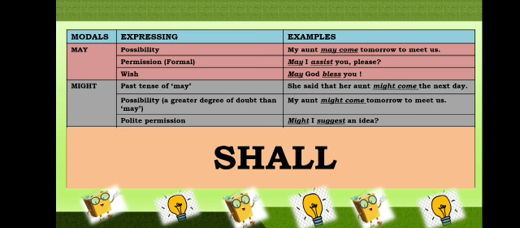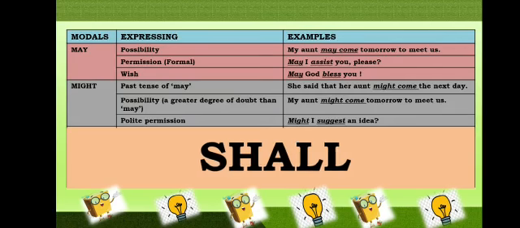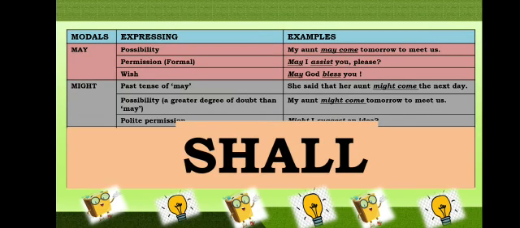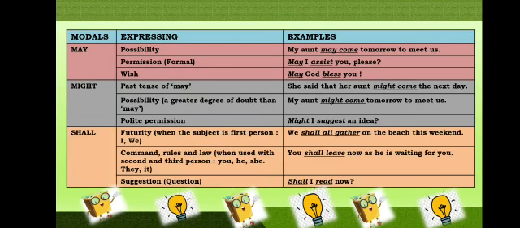The last modal verb in this video is shall, which is used in situations like futurity, when the subject is first person, that is I and we. For example, we shall all gather on the beach this weekend.